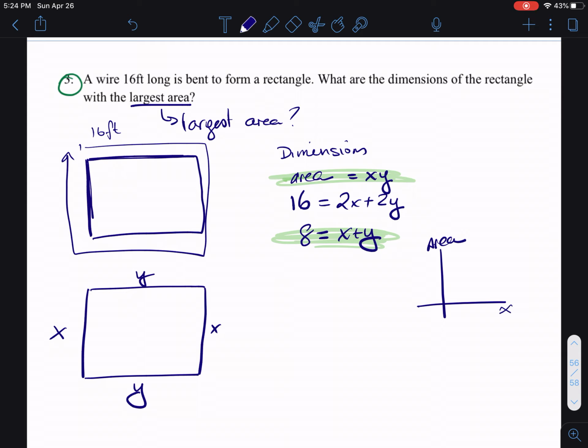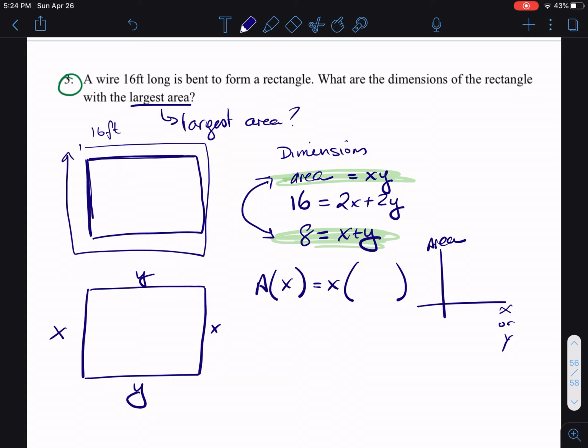It could be x or y, but it can't be both. So somehow, knowing these two things, we need to represent area in terms of one of those variables, x or y. And arbitrarily, let's say it's x.